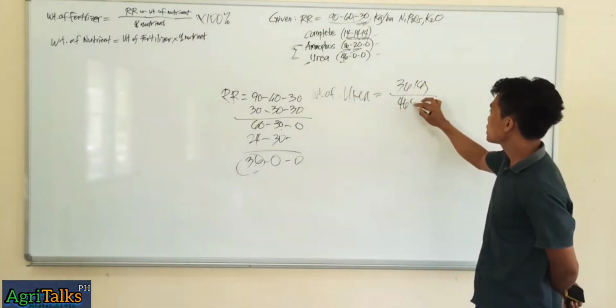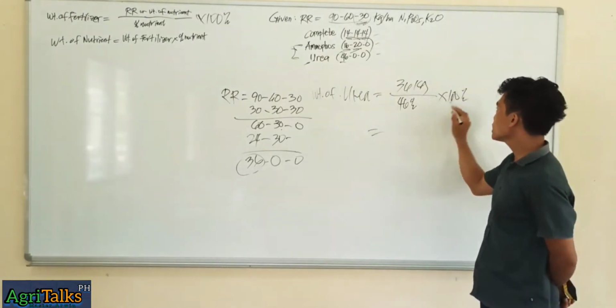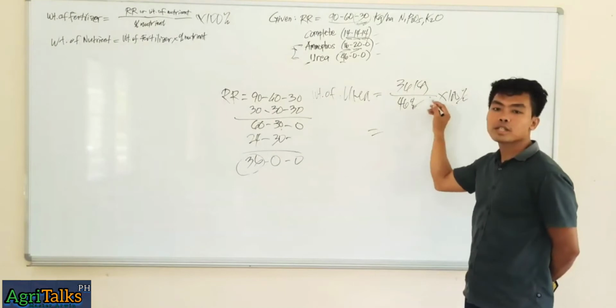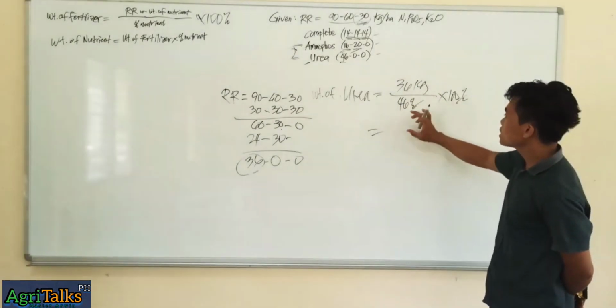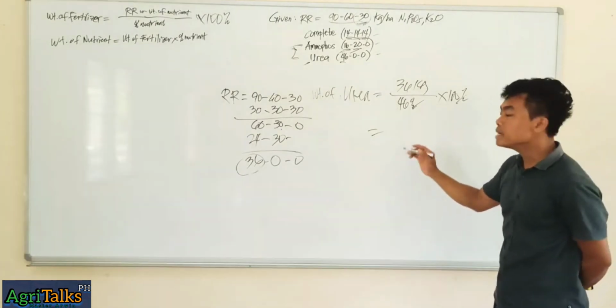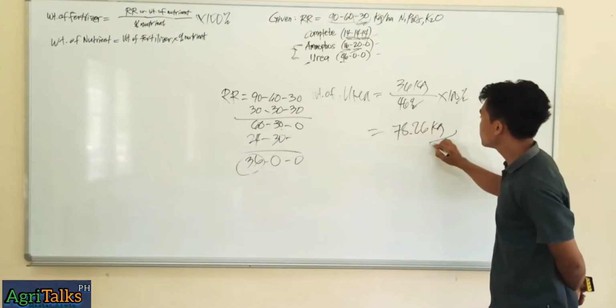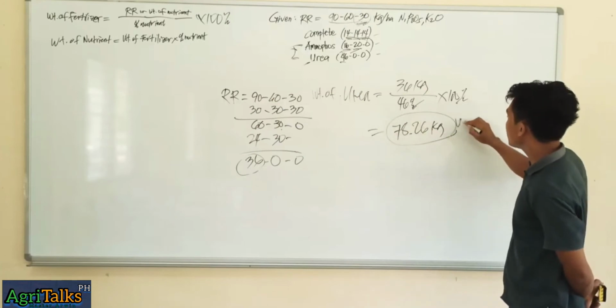So 46% times 100%, cancel percentage. So 36 divided by 46 times 100 would be 78.26 kilograms of urea.